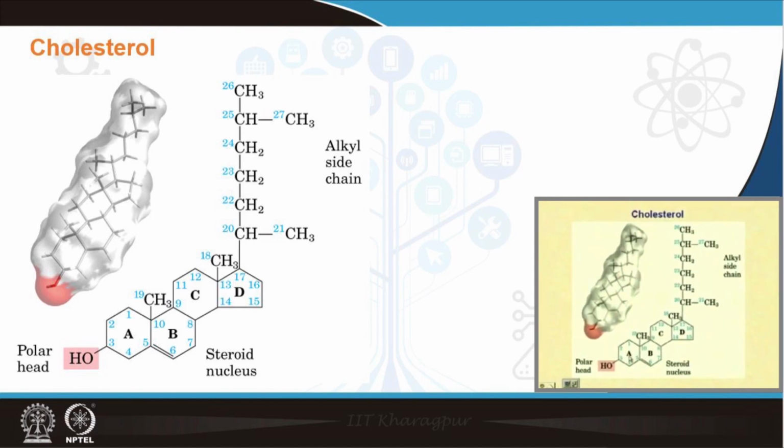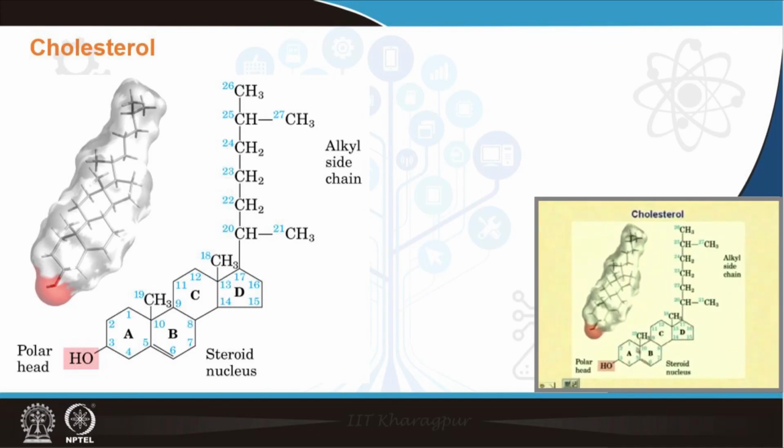We have 4 fused rings, A, B, C, D. There are 3 6-membered rings and D is a 5-membered ring fused with ring C. This is the polar head, the OH, and the rest is the alkyl side chain and the steroid nucleus. This forms part of every steroid.